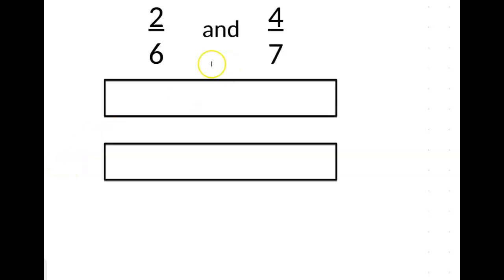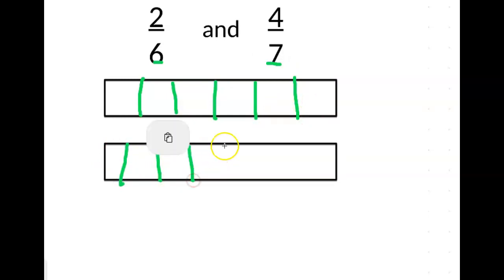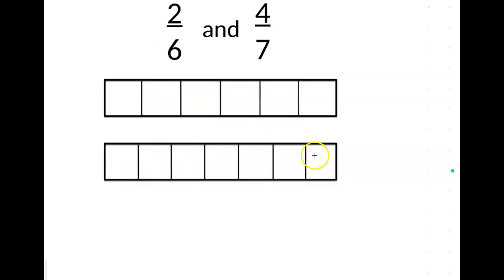Then I will partition 1 into 6 equal parts, and then I will partition 1 into 7 equal parts. 1, 2, 3, 4, 5, and 6. 1, 2, 3, 4, 5, 6, and 7.